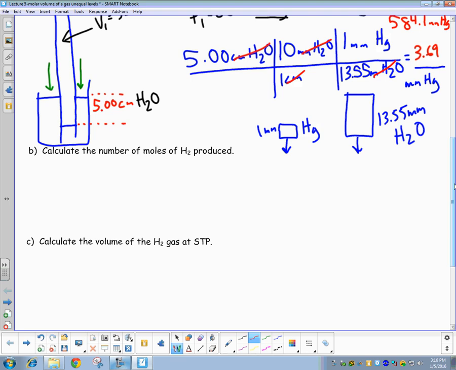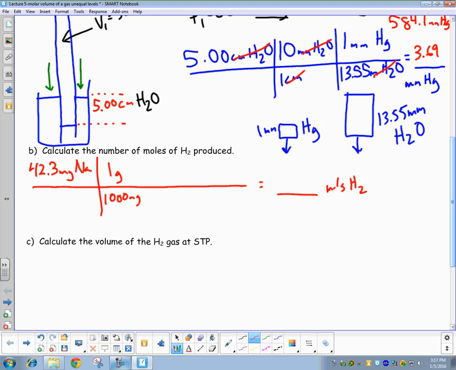So, calculating the number of moles of H2 produced. We start with the 42.3 milligrams of sodium that were given to us in the problem. We ultimately want to solve for moles of hydrogen gas here. So first step, we go ahead and do 1,000 milligrams in 1 gram of sodium. Then the next step is to go ahead and convert from grams to moles, go from the left part of the mole map into the center, dividing by the 22.98977 grams per mole, which is the average atomic mass listed for sodium.